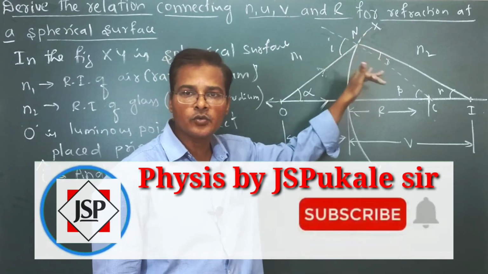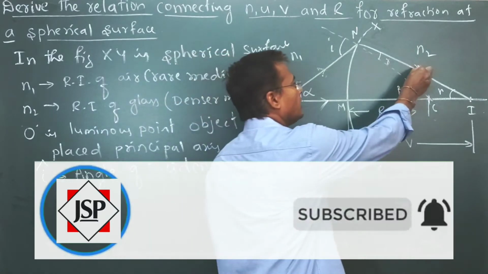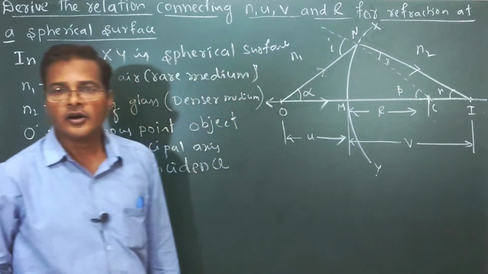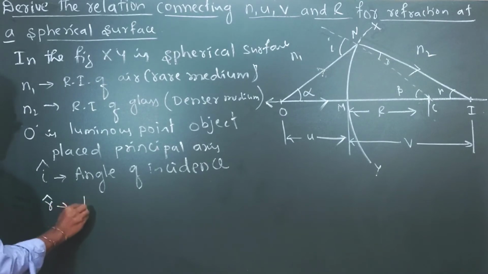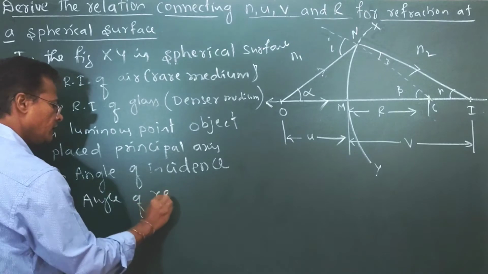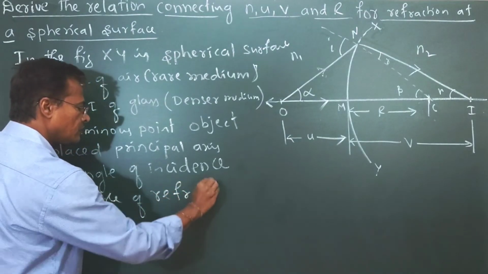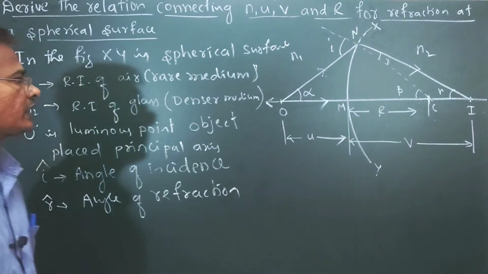So that will be bent towards the what? Normal. When it bends towards the normal, it makes an angle of refraction. That is r. r is called the angle of refraction.